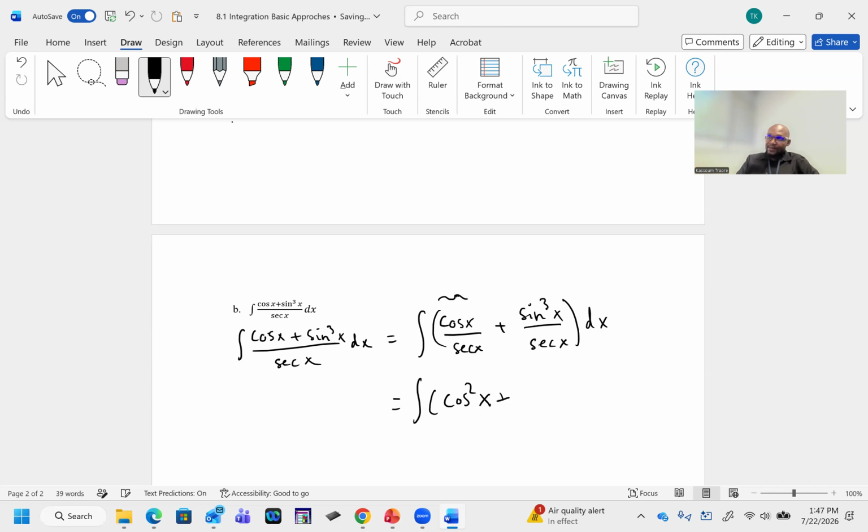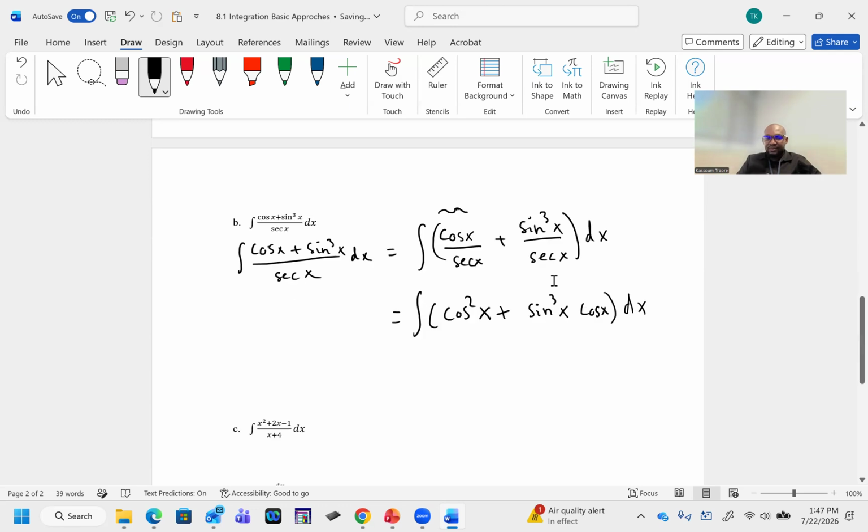plus sine cube, because again, 1 divided by secant x is cosine x, times cosine x dx. So I can separate this into two integrals, right?